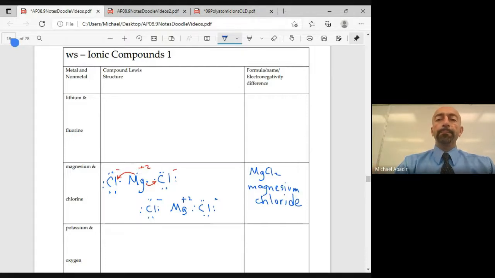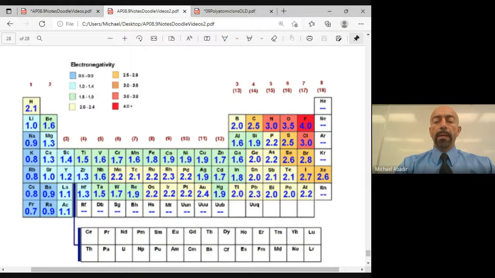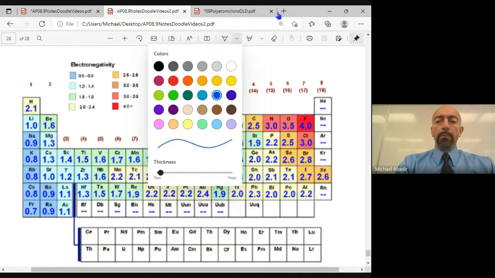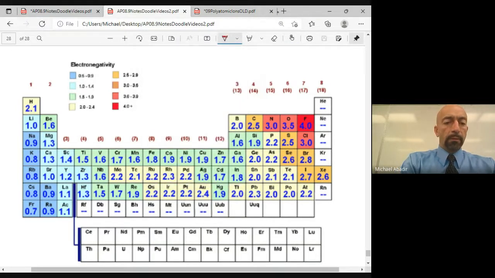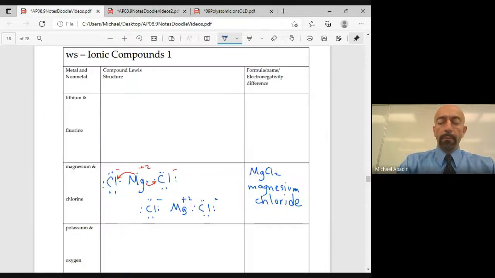And lastly, you're going to try to find the electronegativity difference. You're going to reference this chart in your packet, and you're going to compare the magnesium and chlorine electronegativities. So here is magnesium 1.3. Here's chlorine 3.0. You would just take 3.0 minus 1.3 equals 1.7.